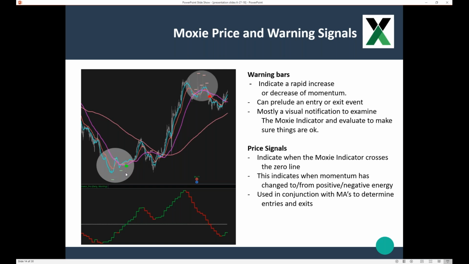So in a trend that's starting to go up, you'll start seeing some warnings before we actually get the trigger. And in the case of an exit, you'll start seeing some warnings before we get the trigger exit out. Now, these arrows are basically just denoting when the Moxie indicator crosses through 0. So those never change. That's the same thing. It's just a better visualization for you.